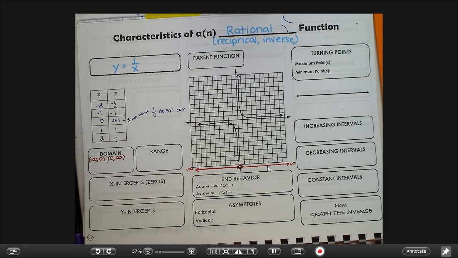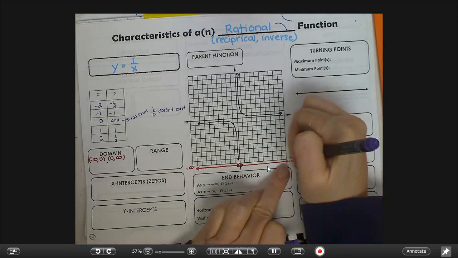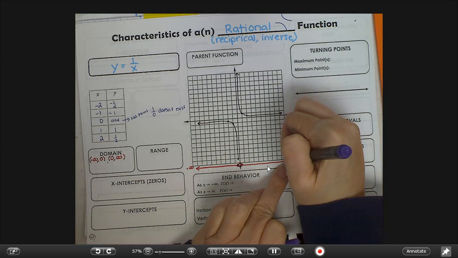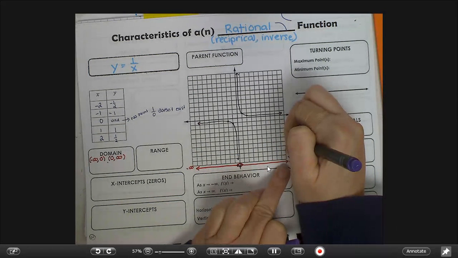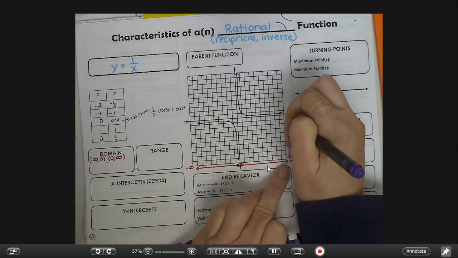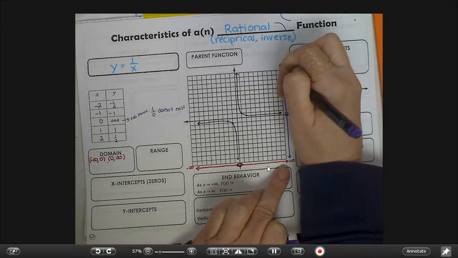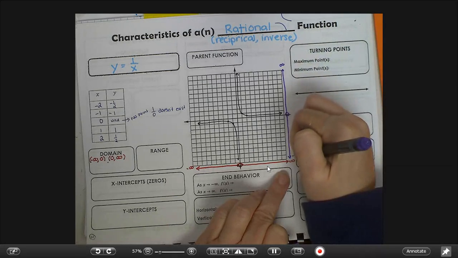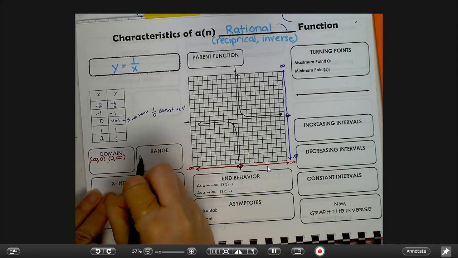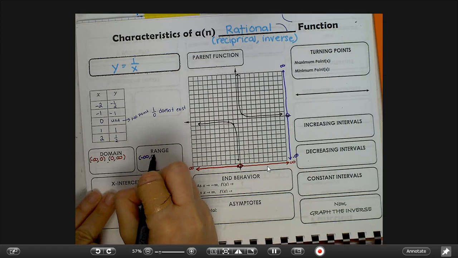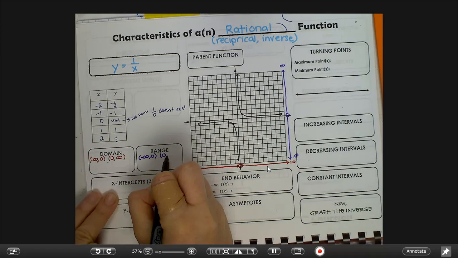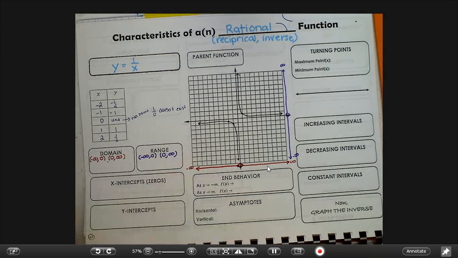For range, we see it starting here at the bottom, and it's going all the way until here there's a hole, and all the way to infinity. So we have the same situation. It goes from -infinity to 0, but doesn't include 0, and from 0 all the way to +infinity, domain and range.